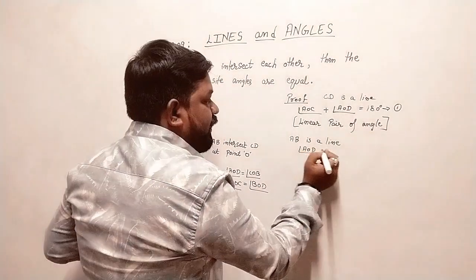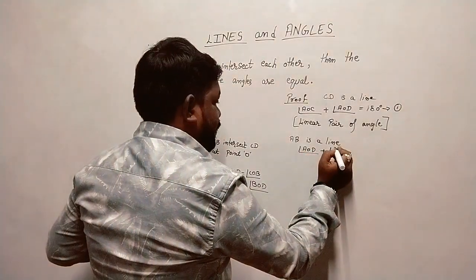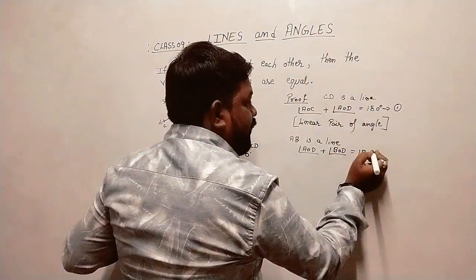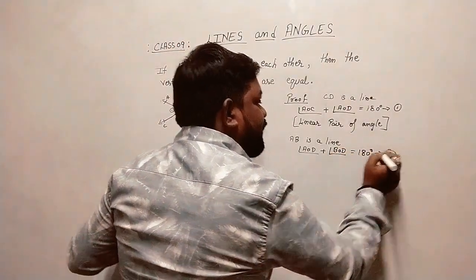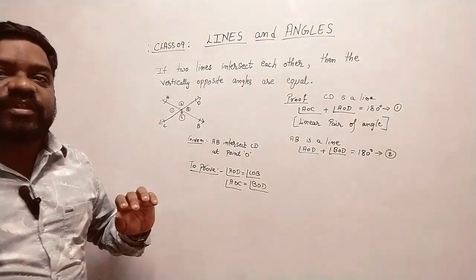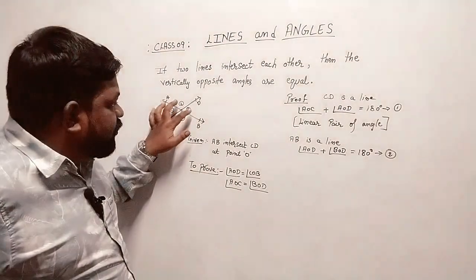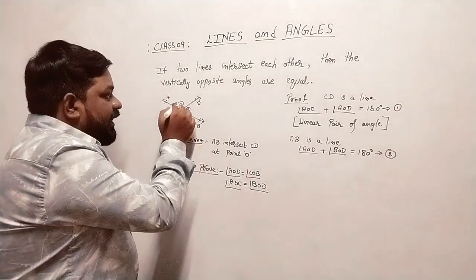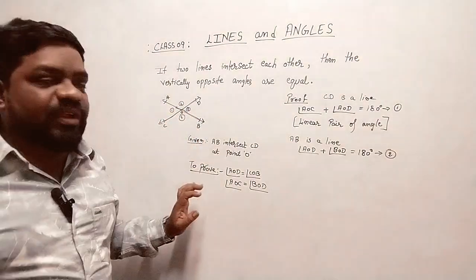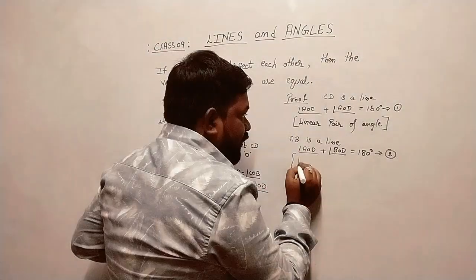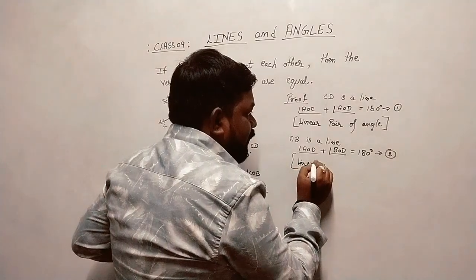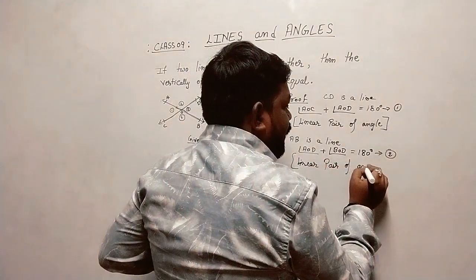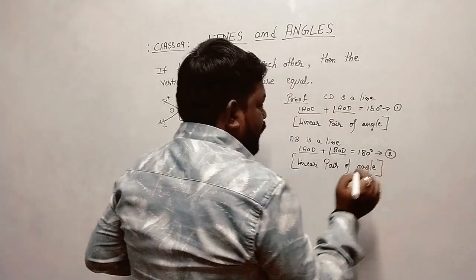So AOD plus BOD should be equal to 180 degrees. Consider that as equation number 2. So now if we add these two angles, we should get 180 degrees, because AB is a straight line. The reason for this is the linear pair of angles.